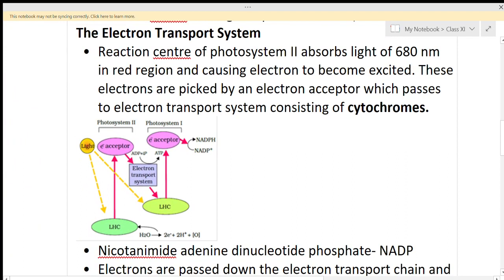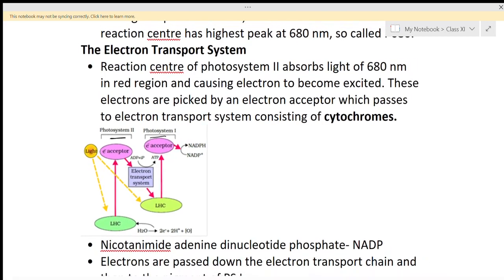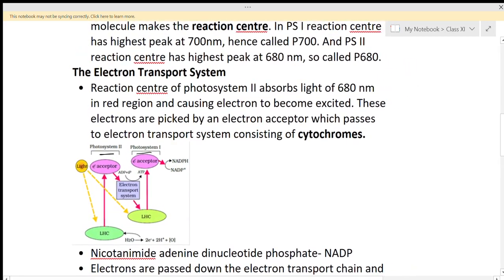In this sketch, this is photosystem 2 and this is photosystem 1. I am explaining it with the help of the Z scheme.